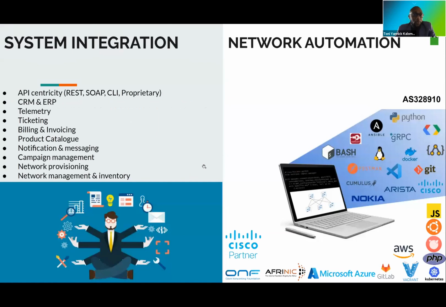Essentially at DevBox, what we do is system integration, and I touched on network automation. There are lots of logos of pretty much all the technologies that we use while automating systems. We are API centric in integrating systems, be they CRM or ERP or telemetry, ticketing, network provisioning and management, as we have done with Teraco.